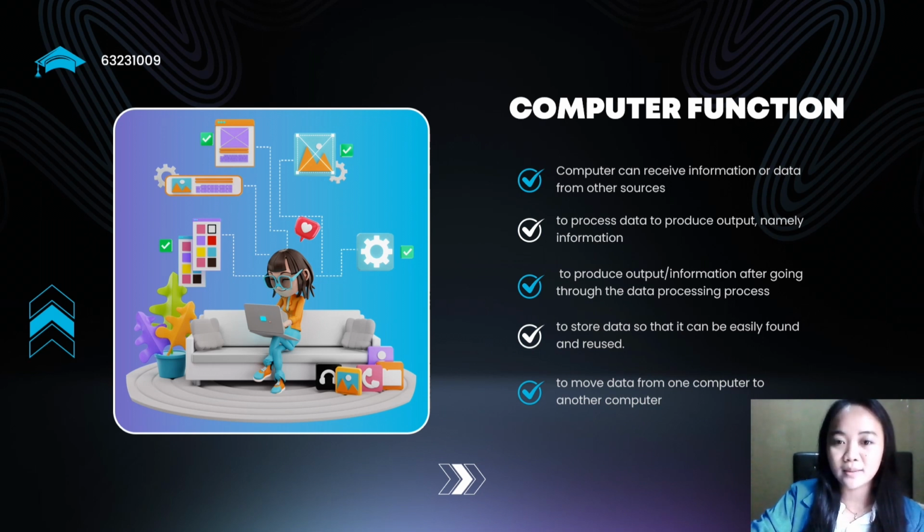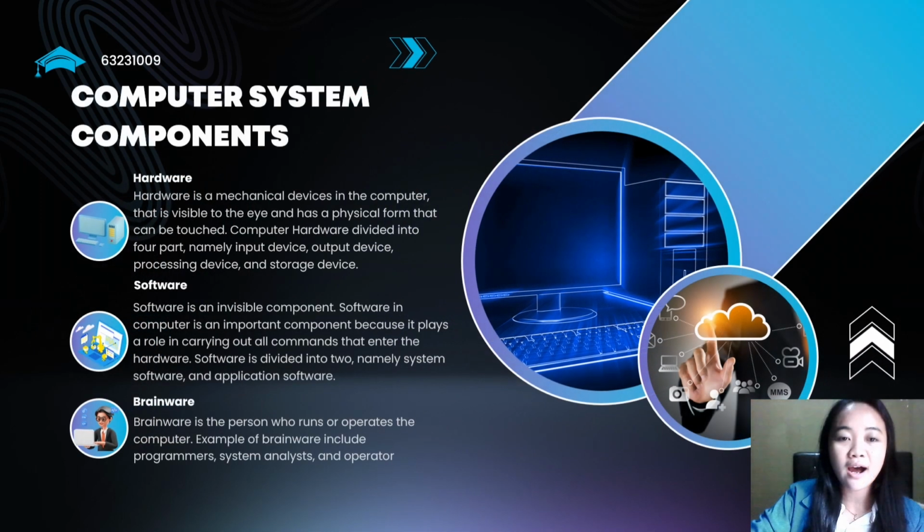A computer system has three main components: hardware, software, and brainware. The first is hardware. Hardware is all mechanical equipment in a computer that has a physical form. Hardware is divided into four parts, namely input device, output device, processing device, and storage device. The second is software. Software is the opposite of hardware, which is an invisible component.